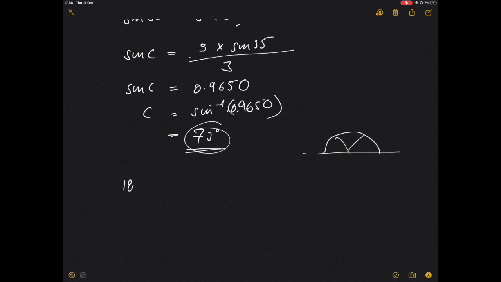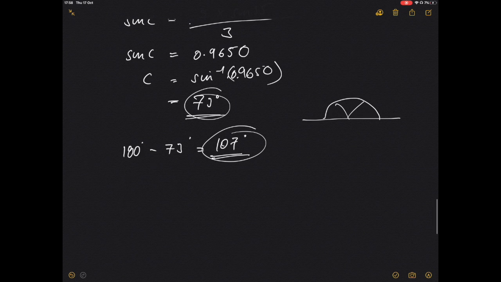So we can say 180 minus 73 would give the remainder, which would be 107 degrees. Okay, so this might be our second answer to our question.